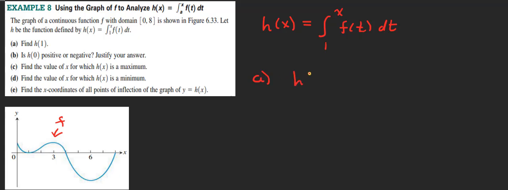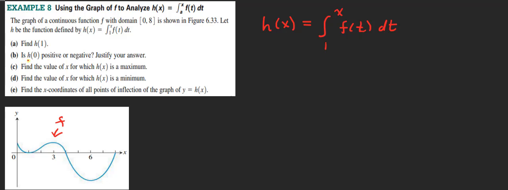In order to find h of 1, that means x is equal to 1. So all we've got to do is plug in 1 instead of x. So we have the integral from 1 to 1 of f of t dt. Now what is that? You have the same lower and upper limit, so it will be 0. h of 1 is equal to 0.